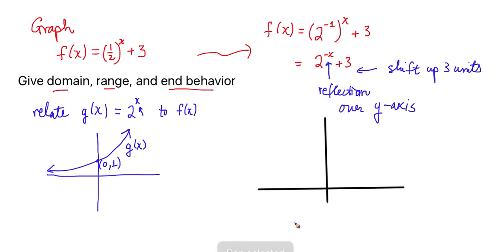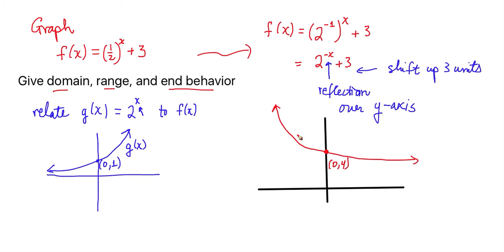And if you compare it to g of x, we are shifting it up 3 units. So instead of going through (0, 1), we know that this will be going through (0, 4). That's the point here. And this graph will be reflected over the y-axis, so it's a horizontal flip.